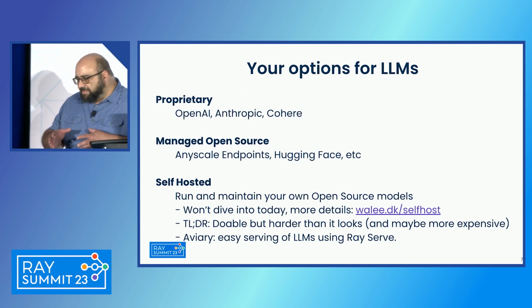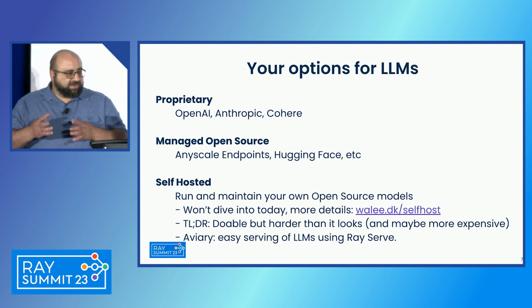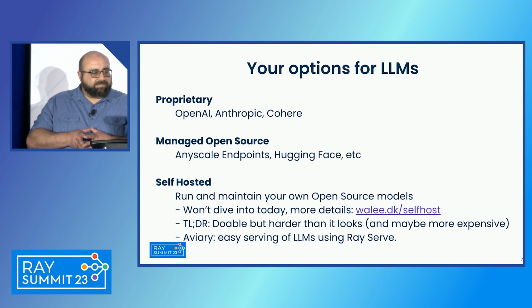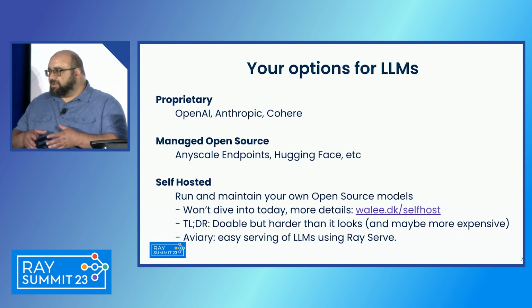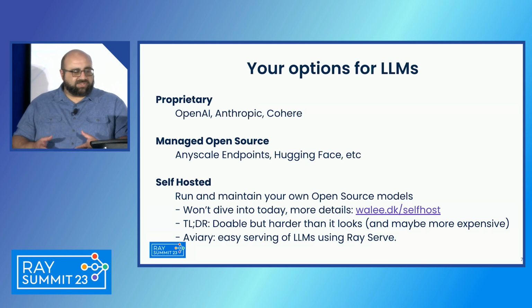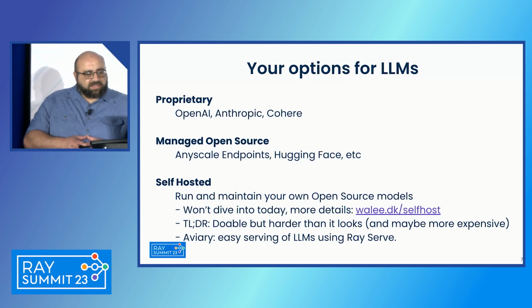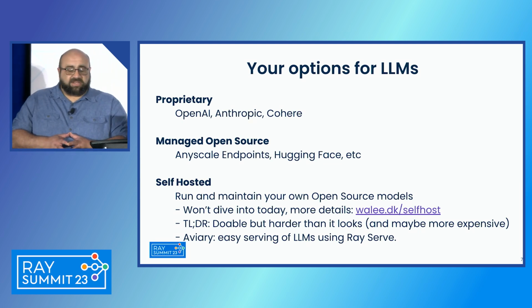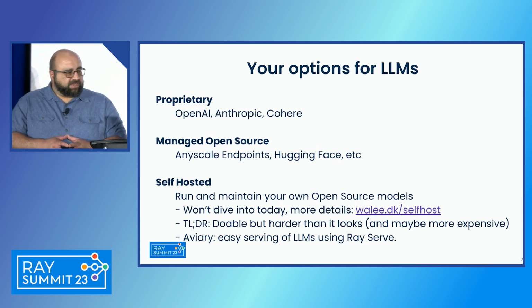Let's talk about the different options you have when using an LLM for inference. You have the proprietary options like OpenAI and Anthropic. Then you have what you might call managed open LLMs, things like Anyscale endpoints and Hugging Face. Finally, the third option is self-hosted: you download the LLM off Hugging Face and serve it yourself.